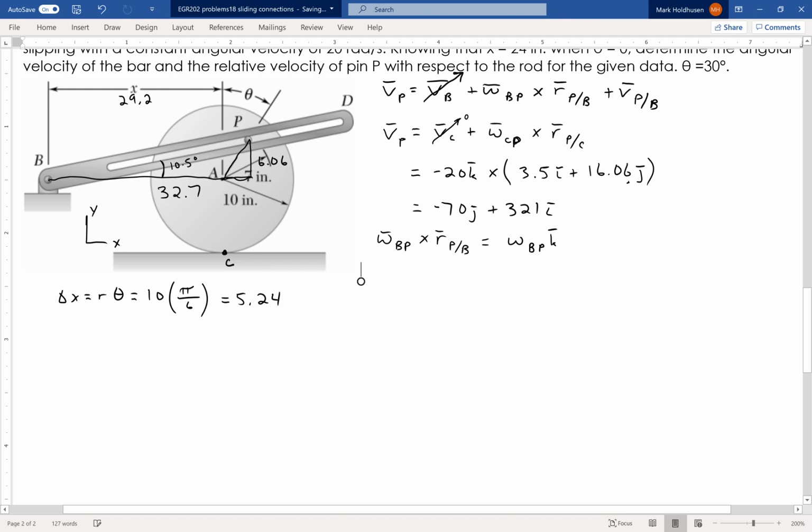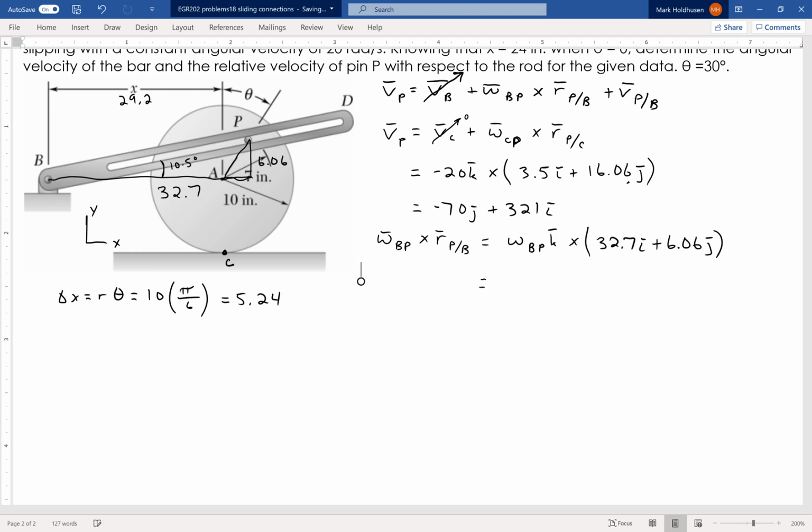Again, I don't know its magnitude, but I know it's in the z direction. And that's going to be crossed with the 32.7 in the i direction plus 6.06 in the j direction. Okay, and again, I think this will be a little bit easier than trying to convert that other one to my angled axes.